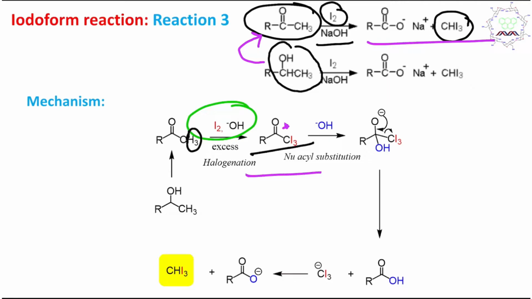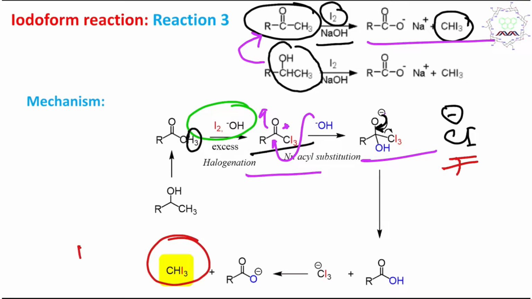Consequently alkali attacks and it opens up, and this intermediate is produced. Later on this pushes and CI3 leaves as CI3 minus. Why? Because the withdrawing effect of iodine, the halogen, helps to stabilize the negative charge on this carbon. Later on it protonates and produces this CHI3, or iodoform.